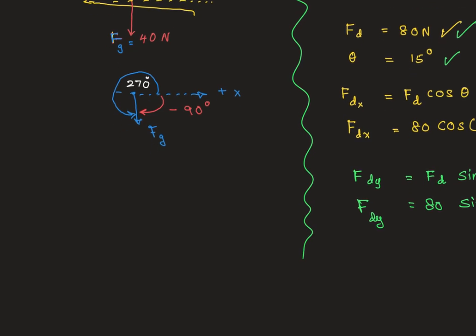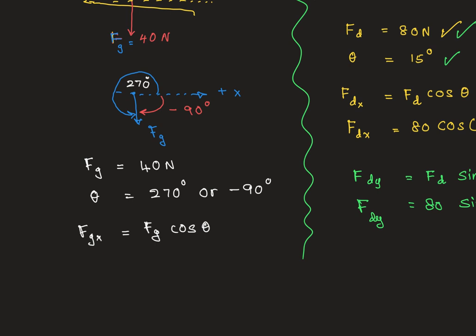Now, like before, I am using the known information. The first known information is the magnitude of the gravitational force, which is 40 newtons, and then the angle. The angle can either be 270 degrees or negative 90 degrees. You can use either. And then the x component of the vector. It is pretty obvious that this is not contributing to the x-axis, but just making sure that you understand this.